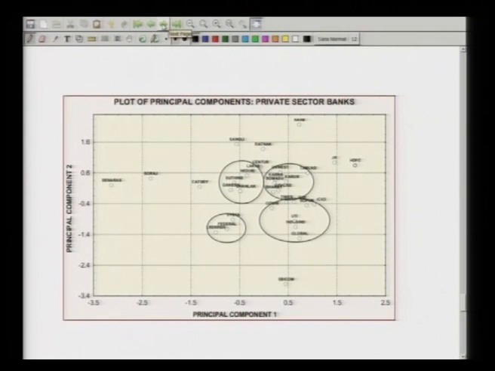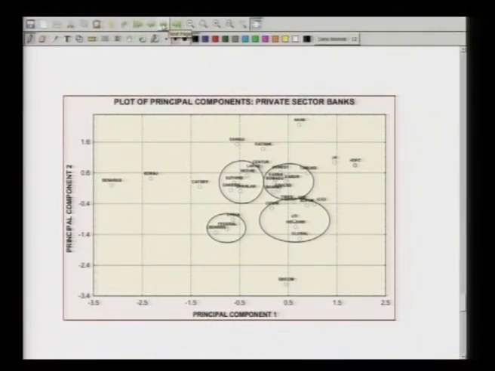Now, what we do in this case is we separate out the private sector banks and we have calculated the principal components from the sample data that we have. So, we have first segregated the private sector banks and the public sector banks, and then calculated the sample covariance matrix or the correlation matrices for each of the two cases, and then we have done the grouping separately.